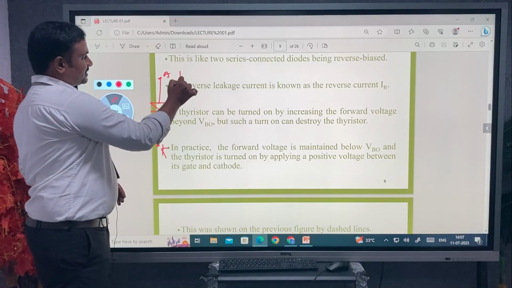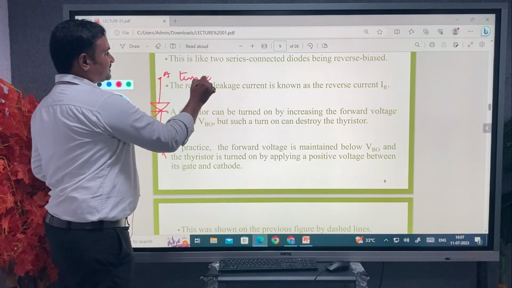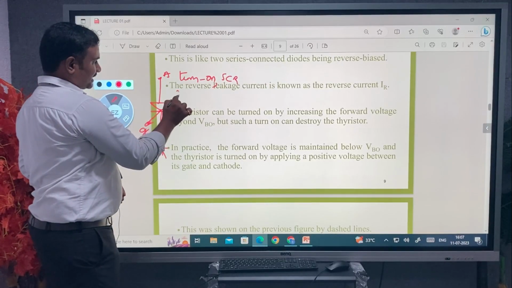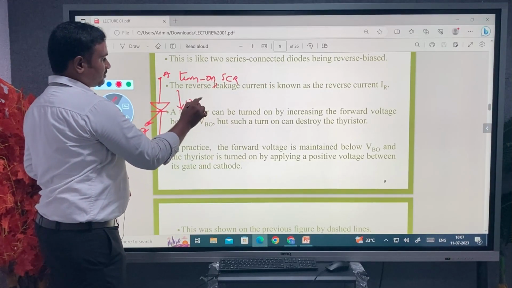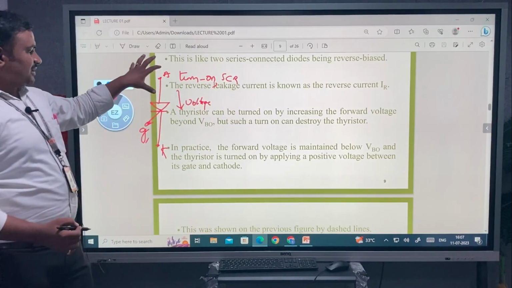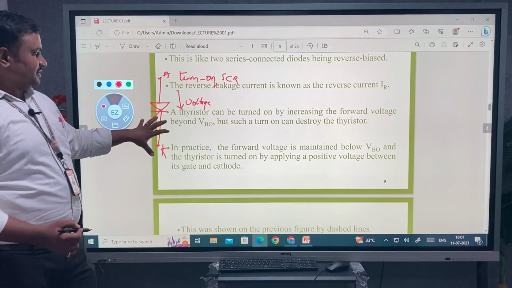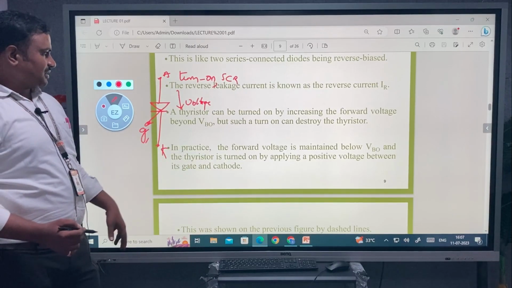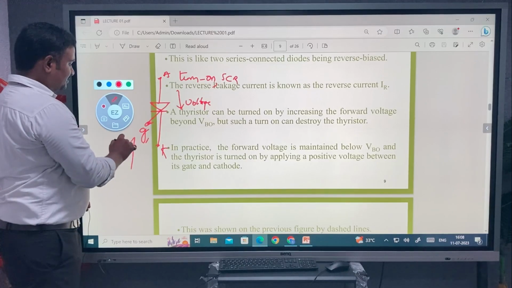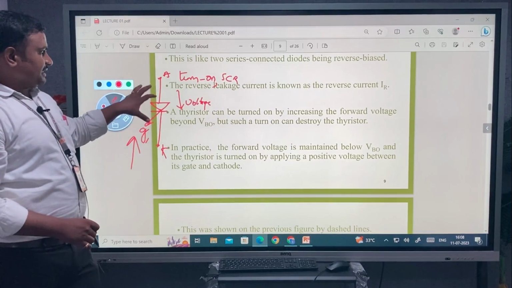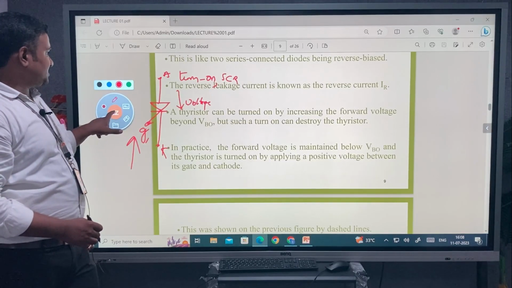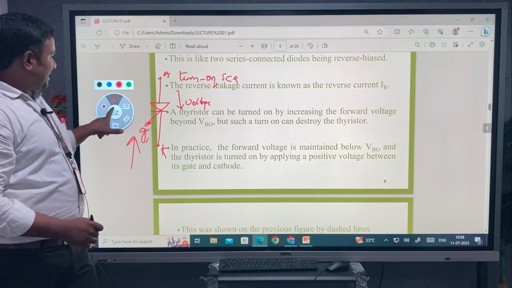Though we can turn on the SCR by applying anode to cathode forward voltage, there is damage to the switch. Similarly, we cannot increase the reverse voltage between the anode and cathode, as that is also a danger to the switch and may damage it.